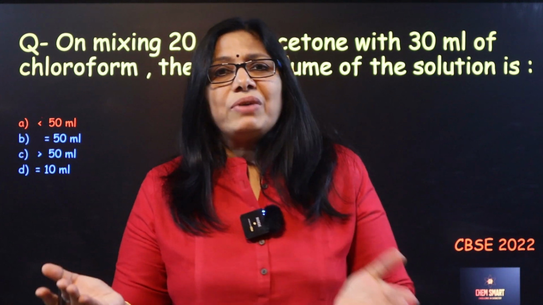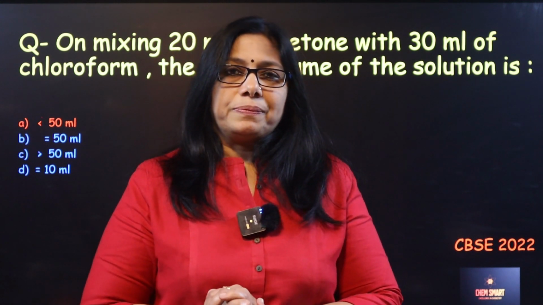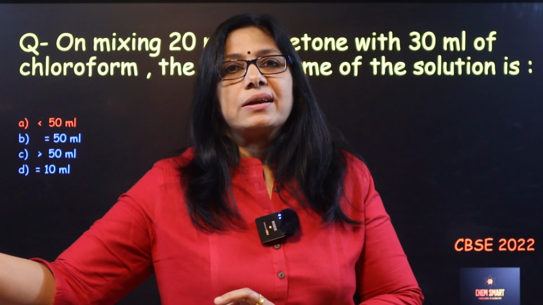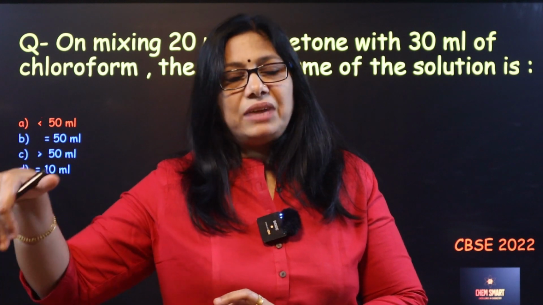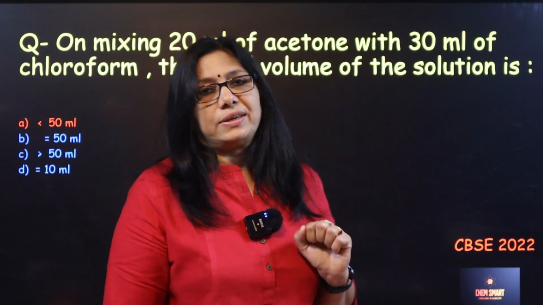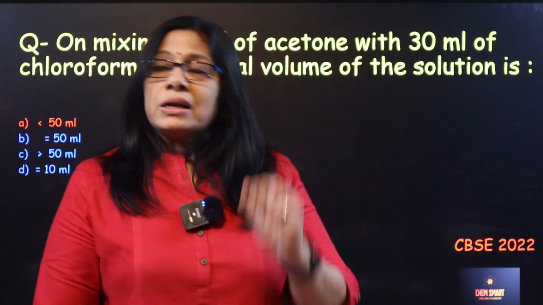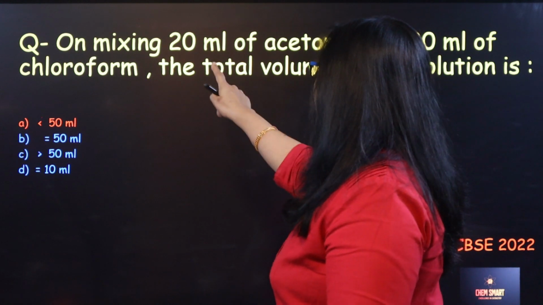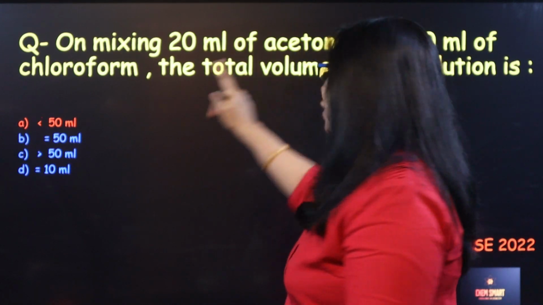So, whenever there is negative deviation, the total volume after mixing will be less than the total volume before mixing, right? What is the total volume before mixing? 20 ml of acetone plus 30 ml of chloroform.